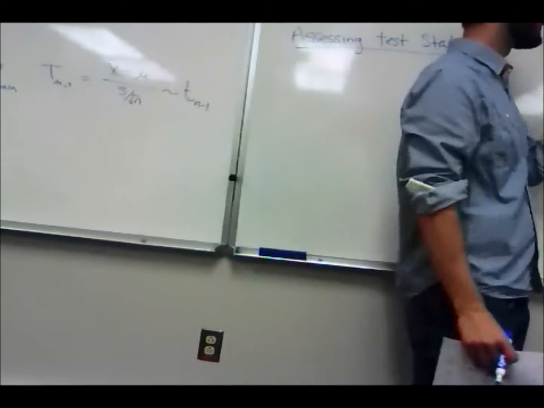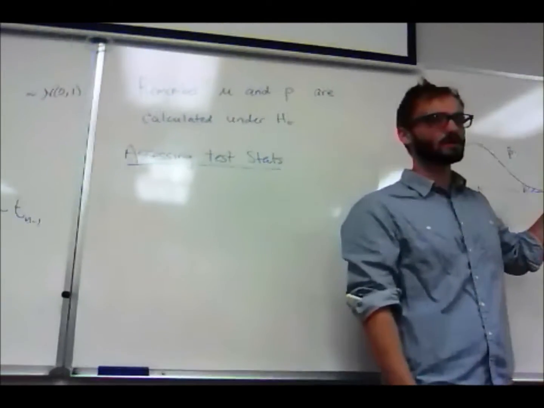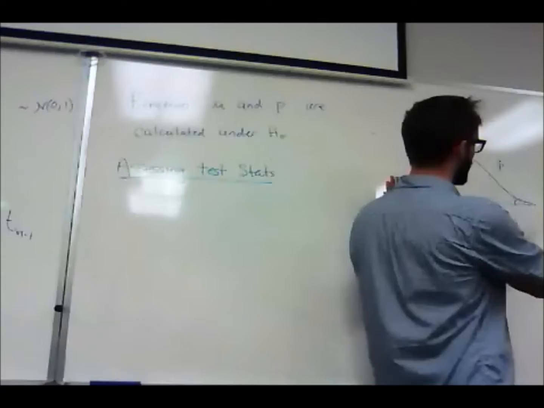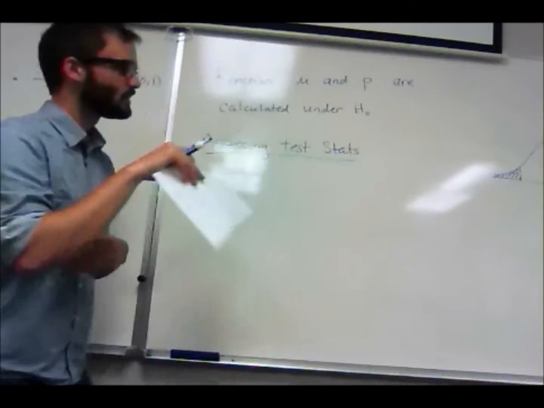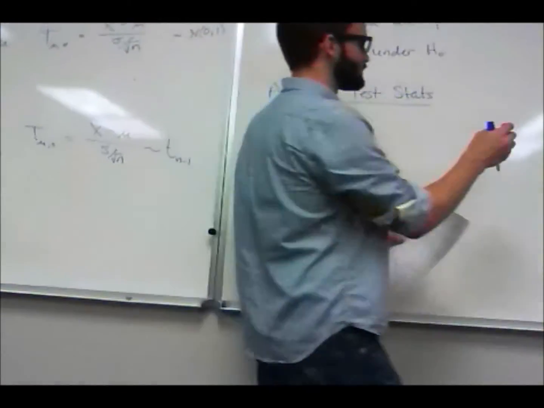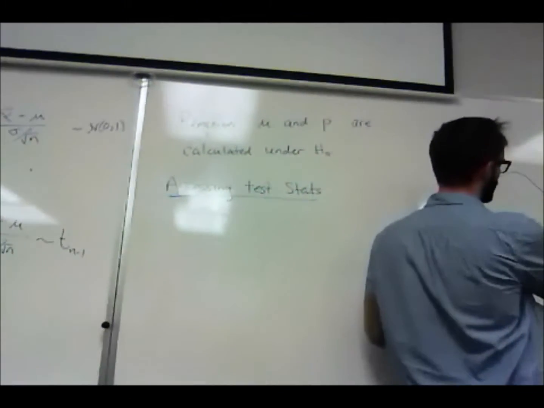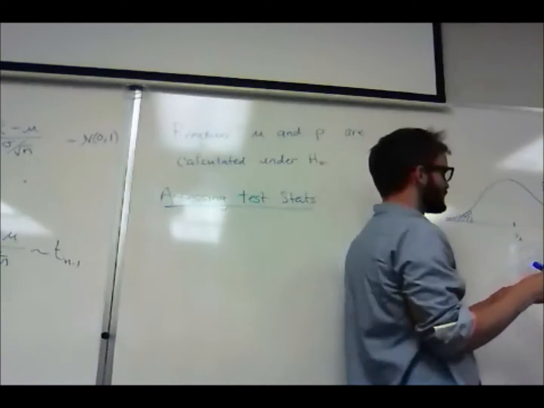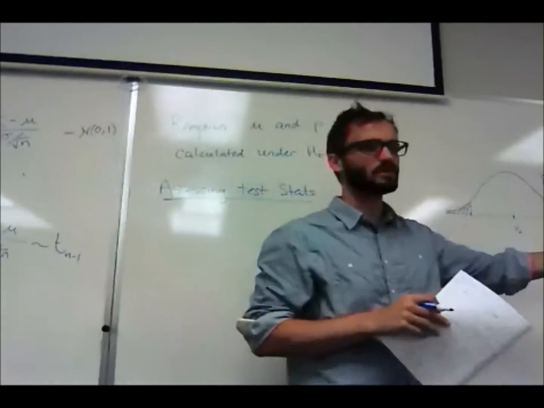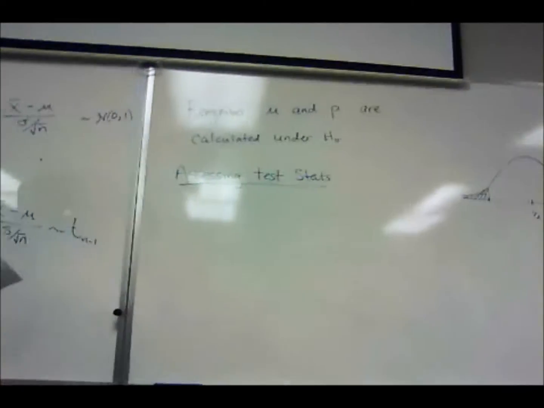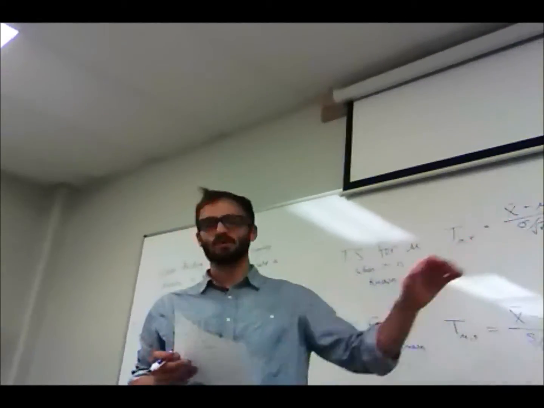Because if the true mean is 1/2, and we calculate a sample where we get 2 heads in 20 tosses, this would be rare. If we calculate another sample proportion where we get 18 heads in 20 tosses, this would be rare. So we usually care about the tails of the distribution, and we want to find some criteria for choosing a value here and a value here, such that if your test statistic is beyond that, we call it rare, and we reject the null hypothesis. So that's where we're going.